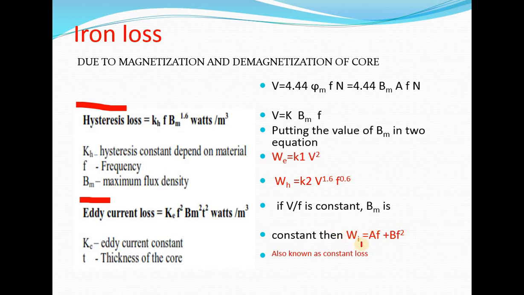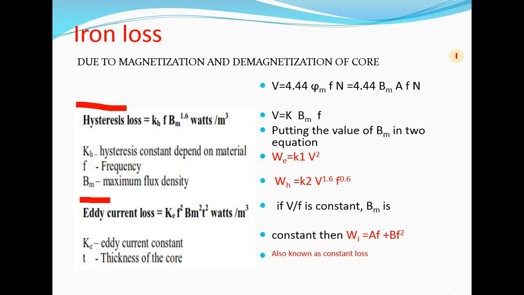So the total iron loss will be equal to Af plus Bf square. By this formula, we can separate the hysteresis loss and eddy current loss, but only when the V by F ratio is constant.